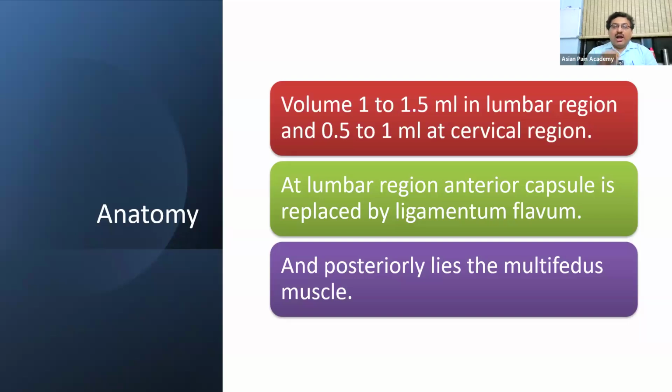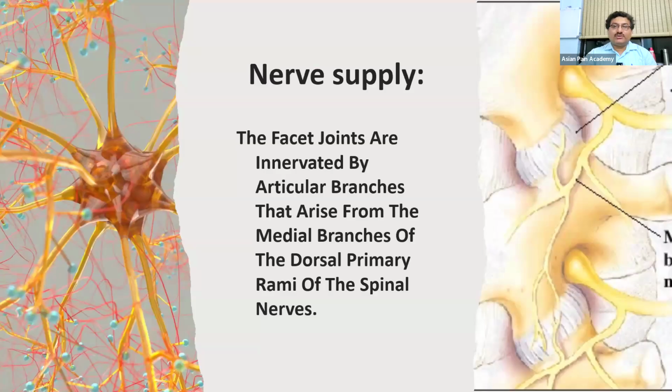So we have to be careful about the volume we inject in a facet joint. Posterior to this joint lies the multifidus muscle. Remember, the nerve supply of the facet joint and the multifidus muscle are the same, so multifidus contraction works as an indicator while we are going for denervation of the facet joint.